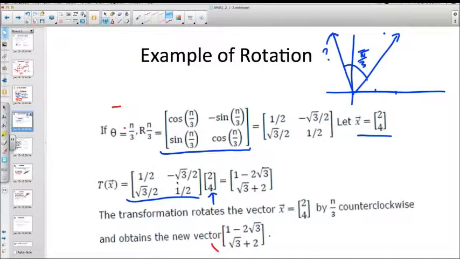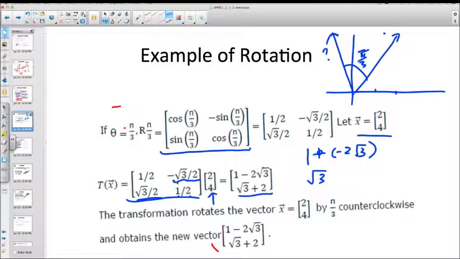See, 1/2 times 2 is going to be 1. Negative square root of 3 over 2 times 4 is going to be negative 2 square root of 3. And the second row, this times 2 is going to be square root of 3. 1/2 times 4 is going to be 2.